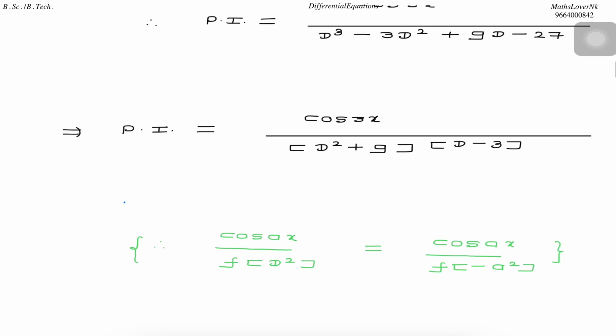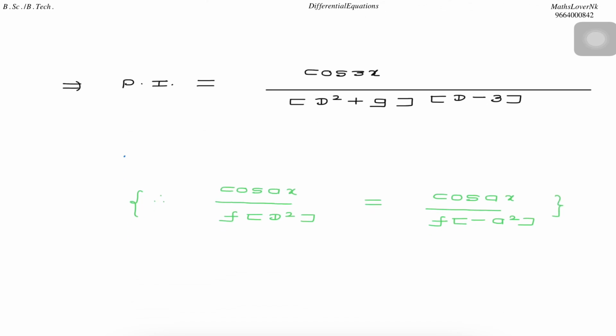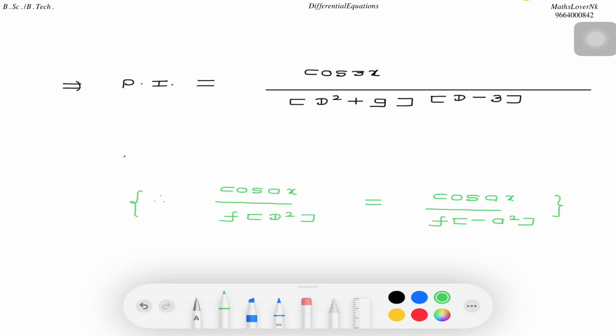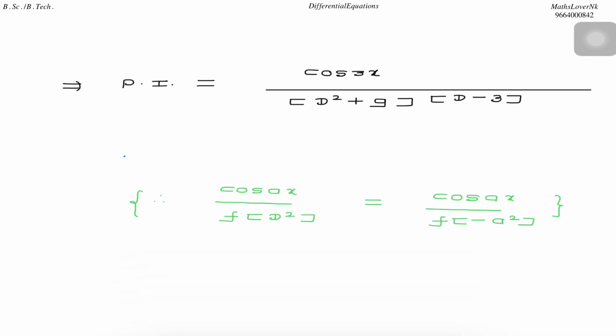But when we apply the same here, we get minus a square plus 9. Here a is 3, so minus 9 plus 9 is 0. So that is not possible in the denominator.